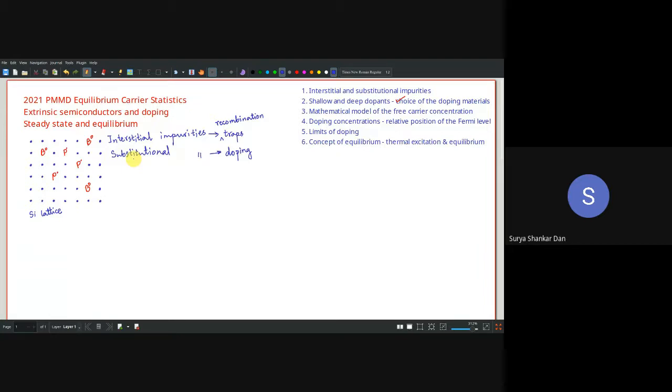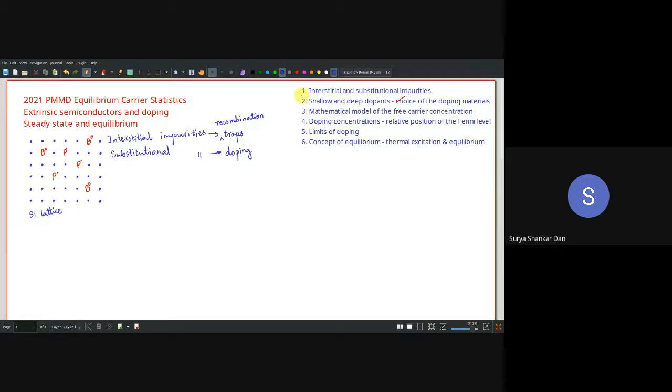On the contrary, if you are doing an interstitial space, that's simply traps, a hindrance to the current. This is called substitutional impurity, and that is the concept of doping.